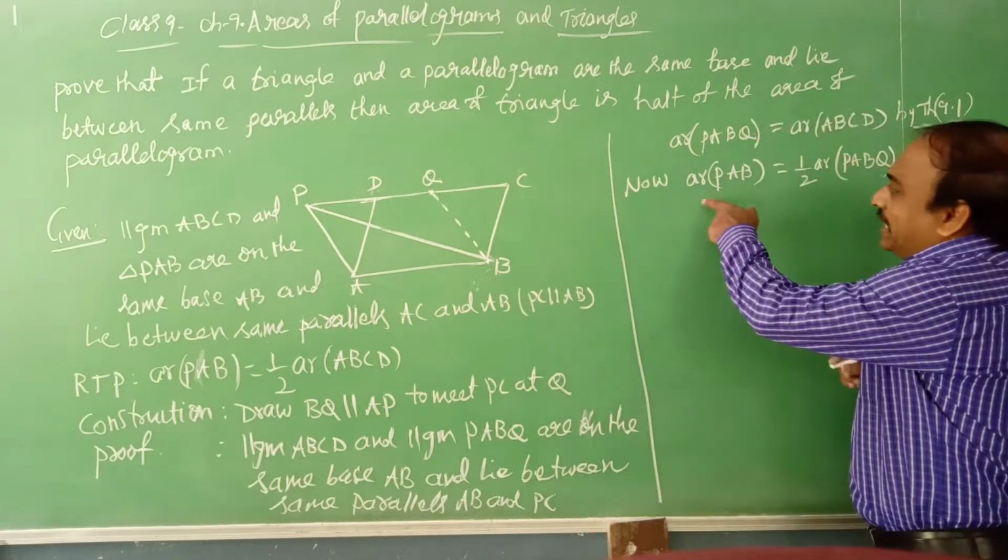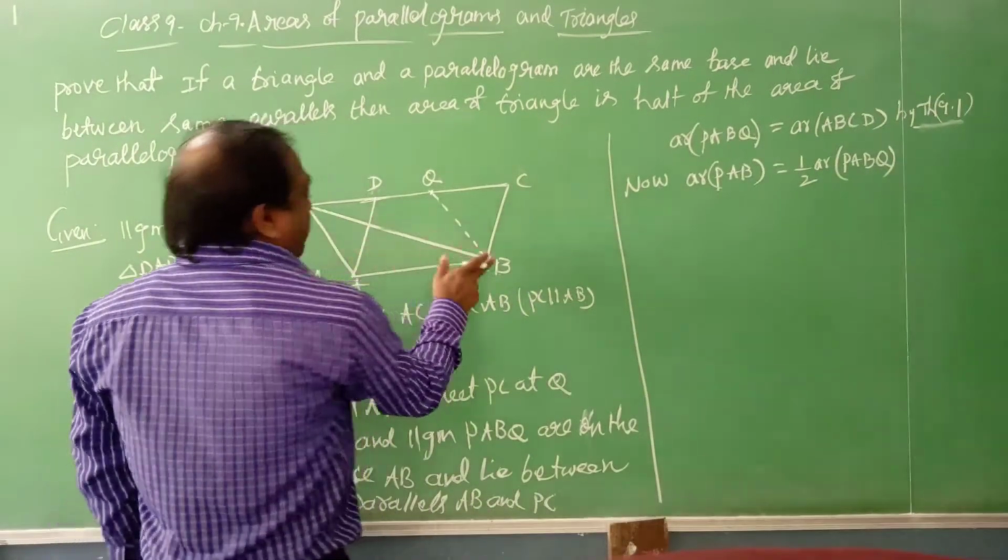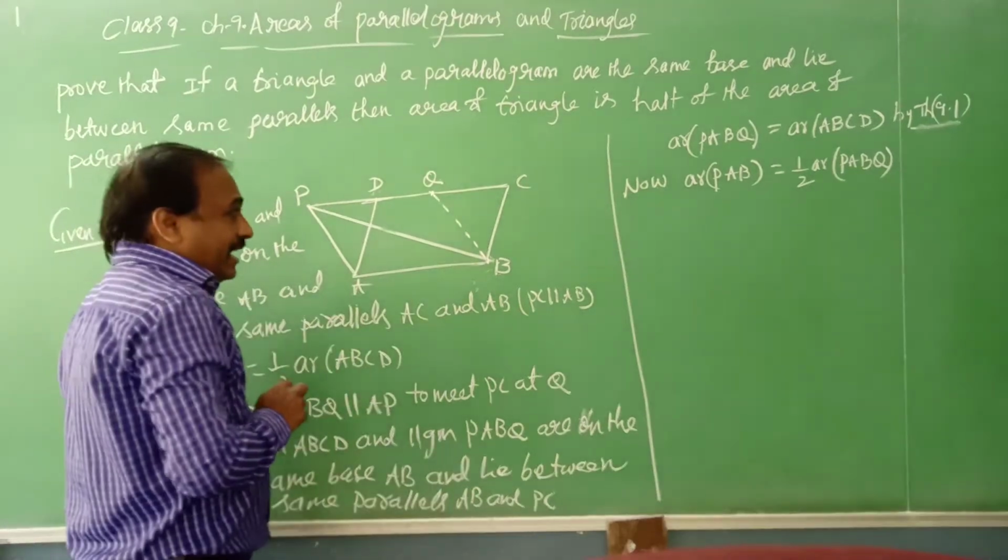Reason: a diagonal divides the parallelogram into two congruent triangles.